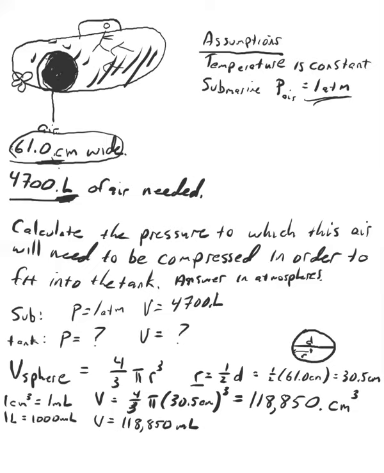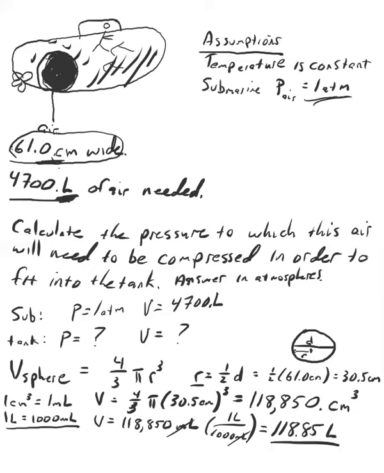So now you can convert that into liters because you have this relationship right here. I'm going to take the milliliters and say, hey, a liter is 1,000 milliliters. And that'll get rid of the milliliters. And now you've got 118.85 liters.